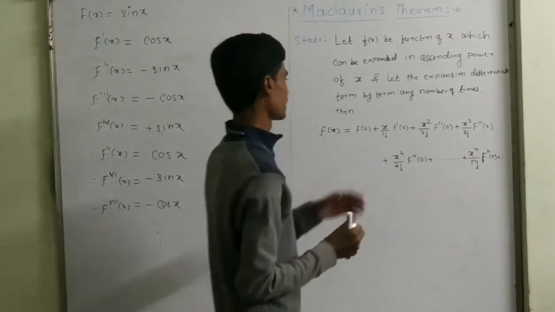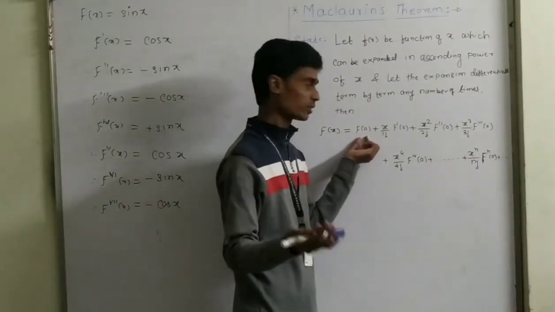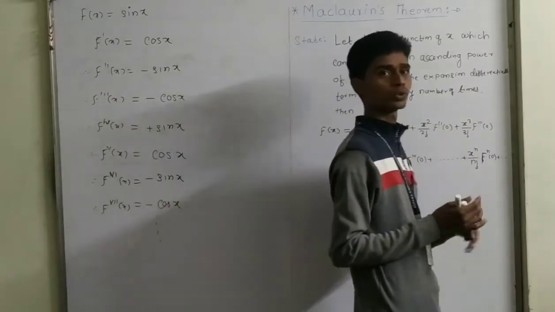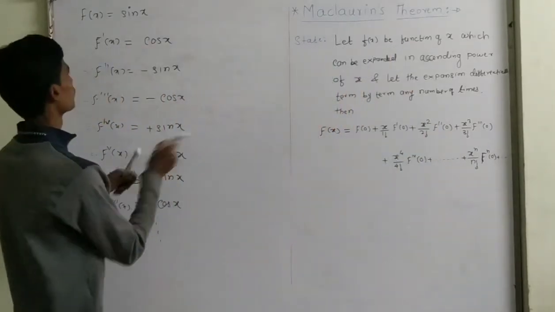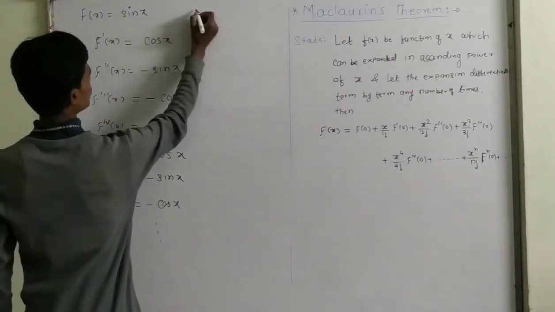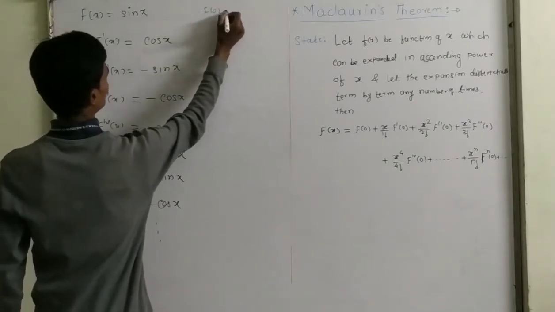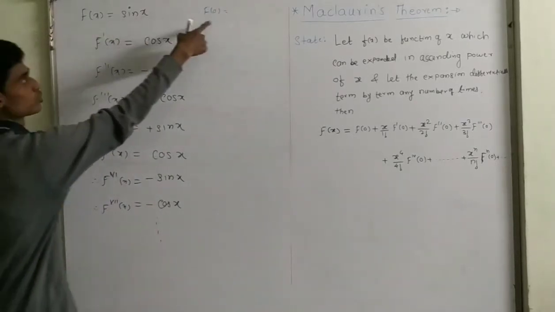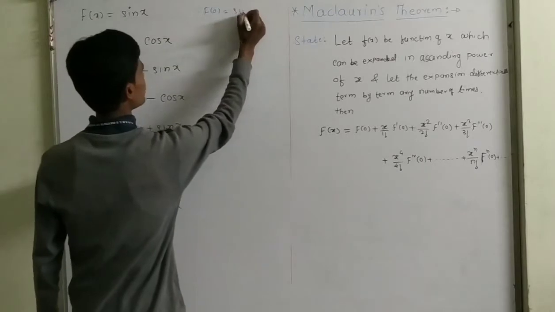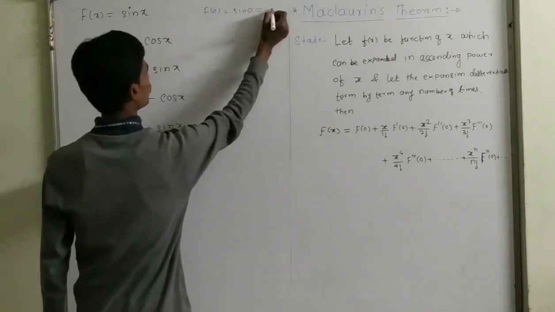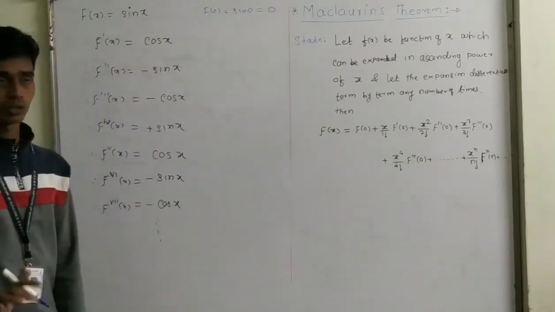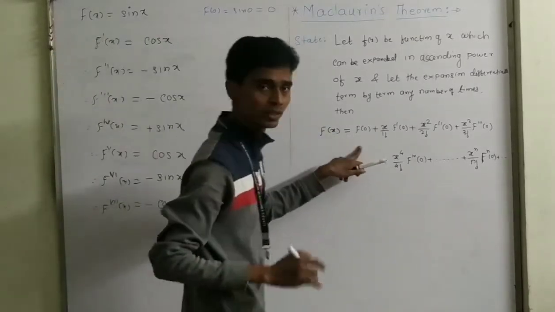But in this theorem we want f of 0, f dash of 0, f double dash of 0. So how do we find it? We find it by putting x equal to 0. Therefore f of 0: we put x equal to 0, so this becomes sin 0, and sin 0 we know is 0. So the value of f of 0 becomes 0.